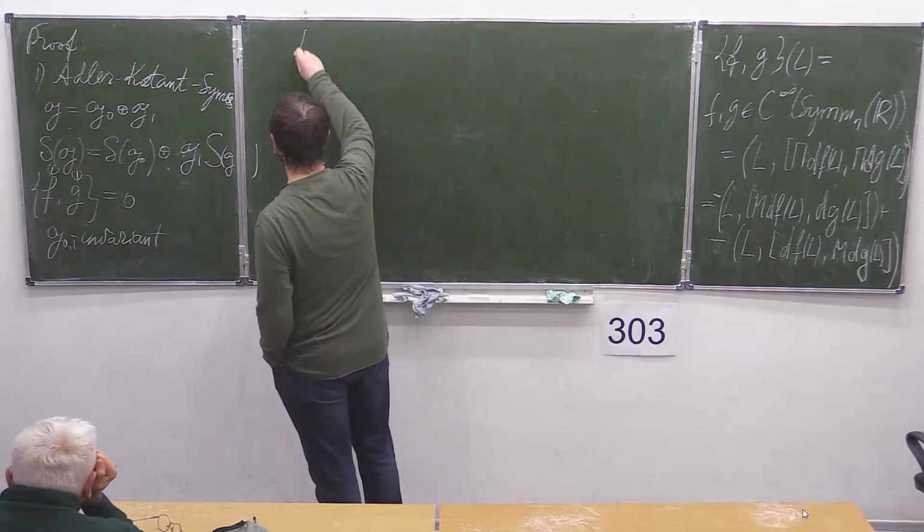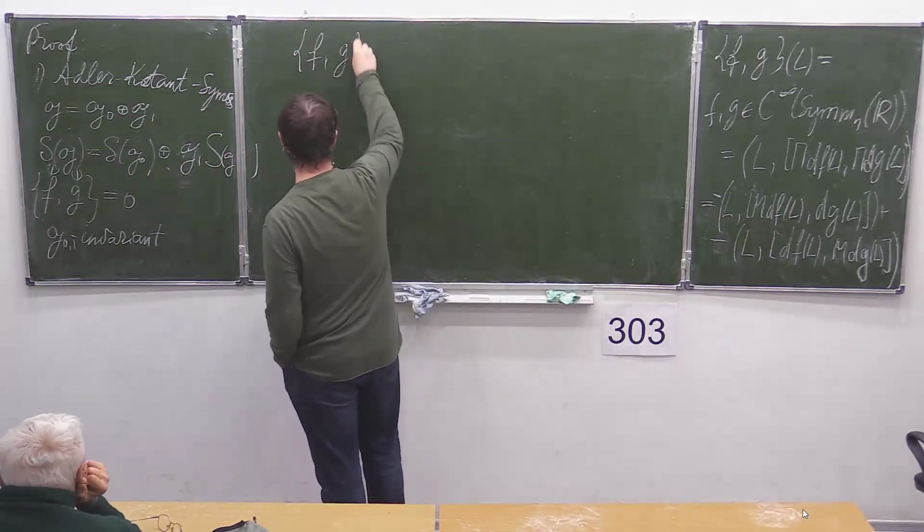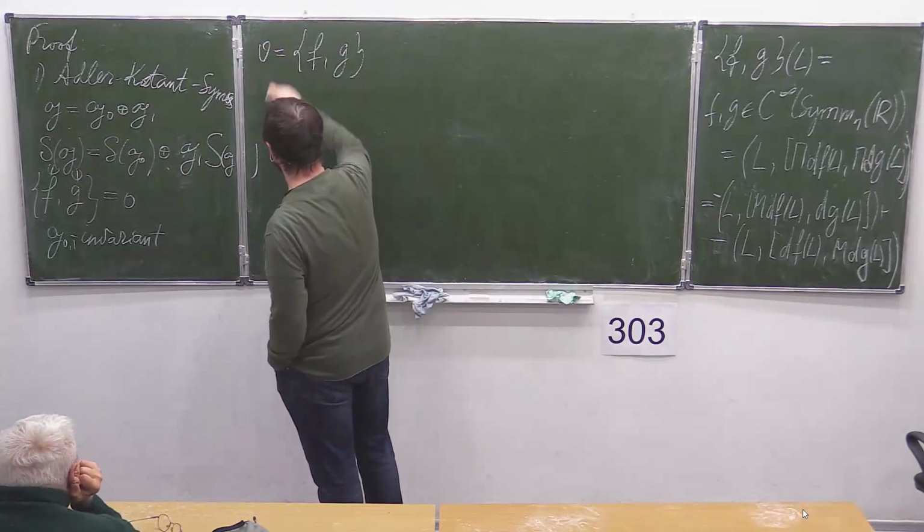So you write down the Poisson bracket of F and G equal to 0, right?